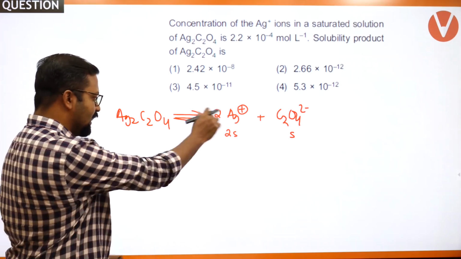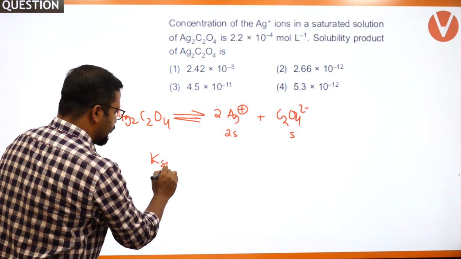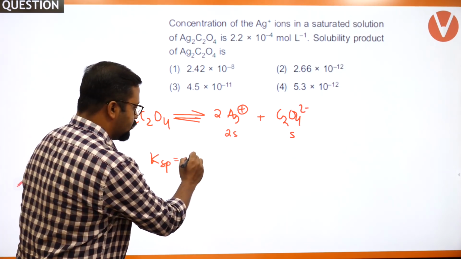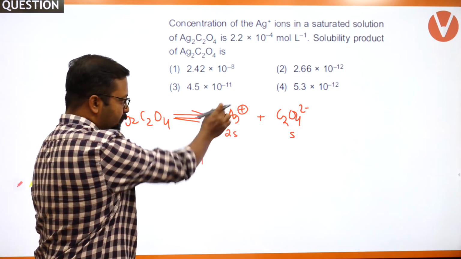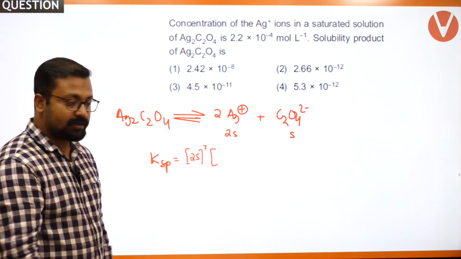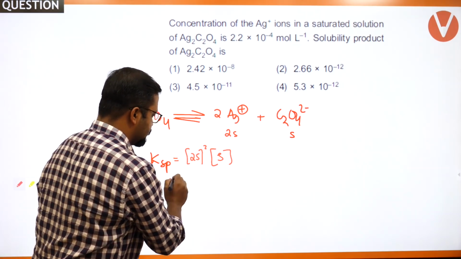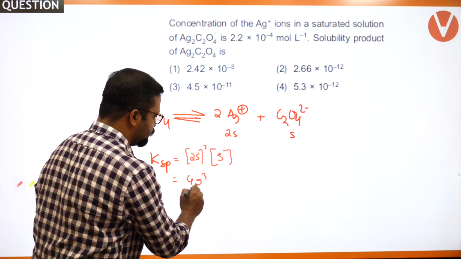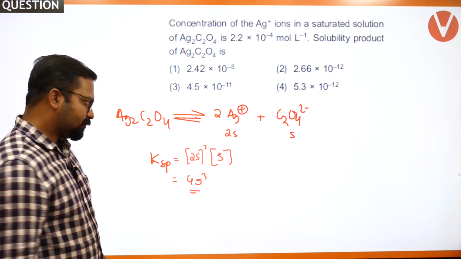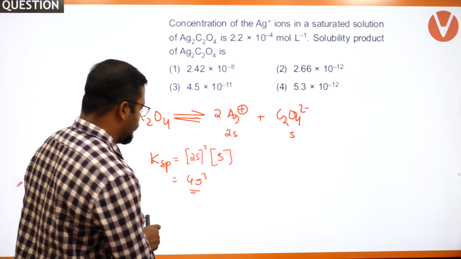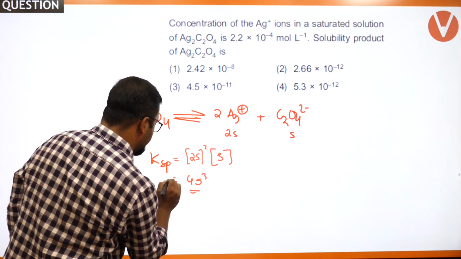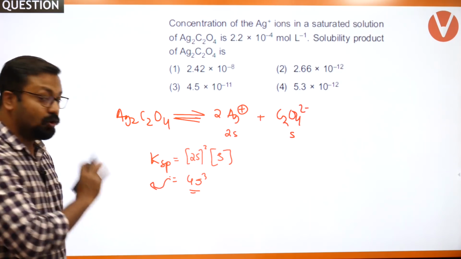Now we move ahead. So Ksp will be written as the concentration of Ag+ to the power 2, times C2O4 2-. Since the concentration of Ag+ is 2S, this will turn out to be 4S cubed. That should be it, we can say that. Now this is the solubility product, but do we need to use this?